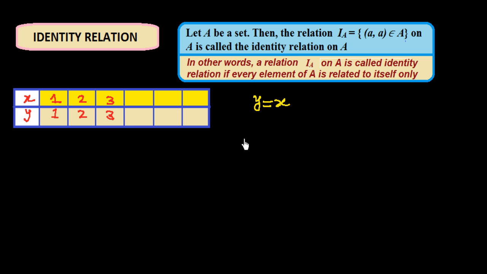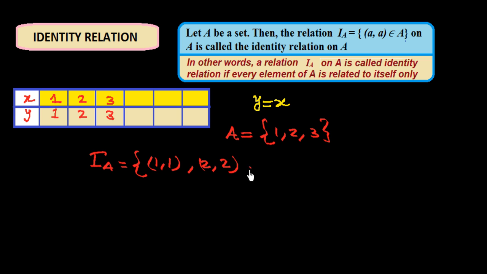If we have A equal to {1, 2, 3}, we get the identity relation on A as (1, 1), (2, 2) and (3, 3). This is called the identity relation. In other words, it is the identity relation if every element of A is related to itself: 1 to 1, 2 to 2 and 3 to 3.